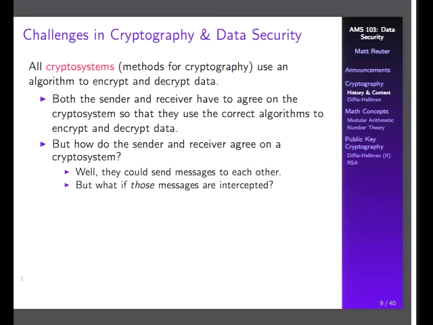So they could send some messages to each other to say, hey, here's how we're going to communicate. But now here's the rub. What if those messages are intercepted? So the whole idea here is we're no longer thinking about lossy versus lossless channels. We're now thinking about secure versus insecure channels. And so does it do you any good sending information on how to communicate securely through an insecure channel?